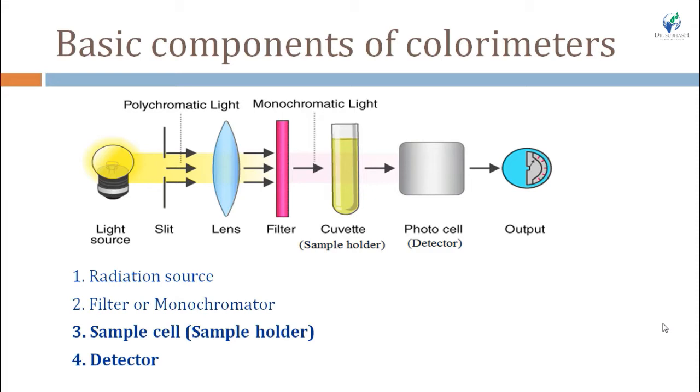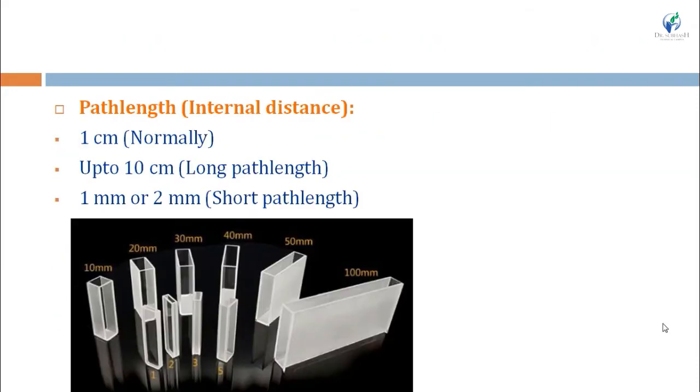This transmitted radiation, after passing through the sample, comes to the detector, which detects this transmitted radiation, right? So the fourth and last component of the instrumentation of the colorimeter is the detector.